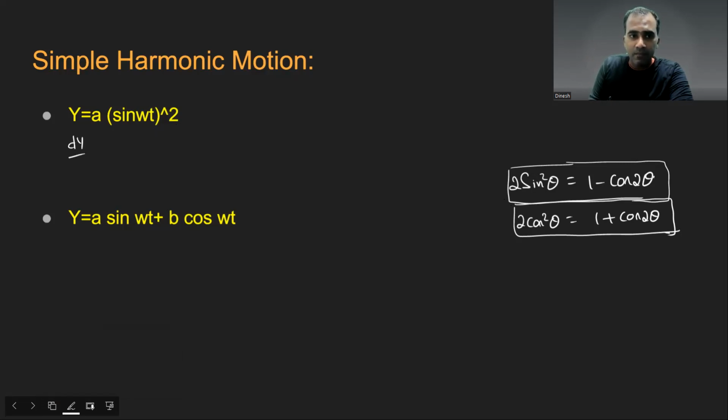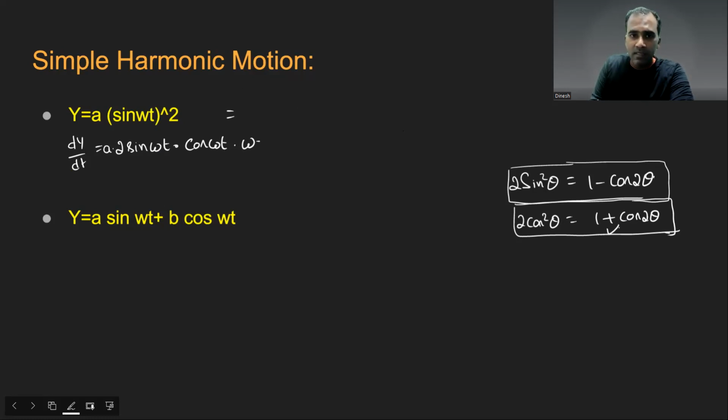dy by dt. If you know how to differentiate this, then directly you can go ahead. 2a into sine square can be written as 2 sine omega t into the differentiation of sine, which is cos omega t into omega. If you don't know how to differentiate with squaring, then it's better you write it without squaring, something like this, and then differentiate. Both are fine.